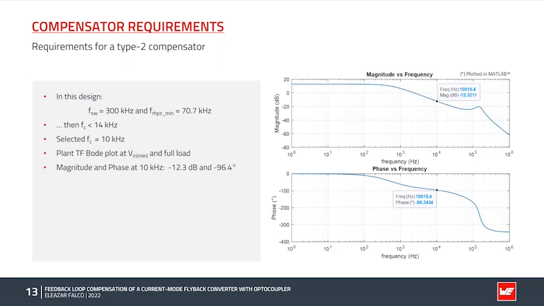Now we need to know the plant magnitude and phase at the target crossover frequency. Note again that this Bode plot is for minimum input voltage and full load, and the magnitude is minus 12.3 dB and the phase minus 96.4 degrees at 10 kHz.